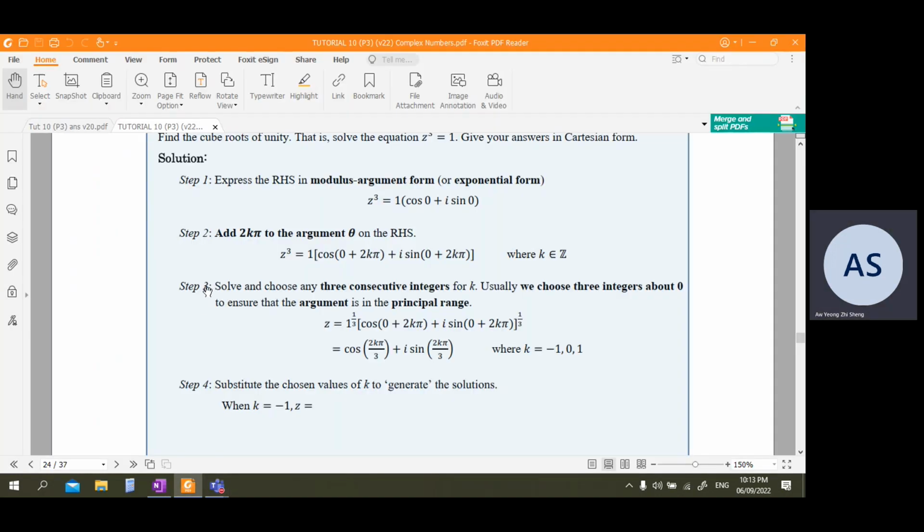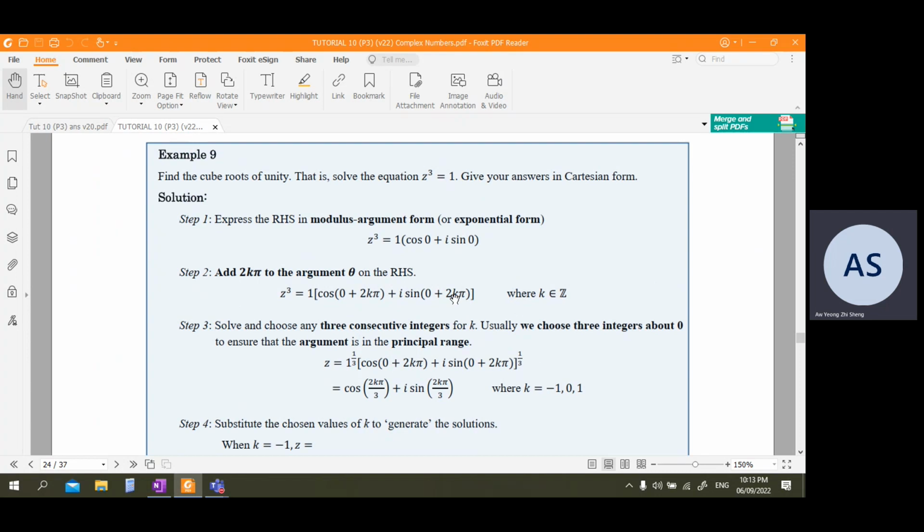Okay, then step 3 in the note says, it's time to choose 3 consecutive integers for k. Now, when solving for square roots of a complex number, we know there will be 2 solutions. Following the same pattern, when solving for cube roots, we expect to have 3 solutions. When you solve for fourth roots, you expect to have 4 solutions, and so on.